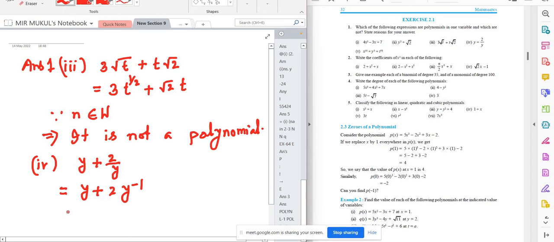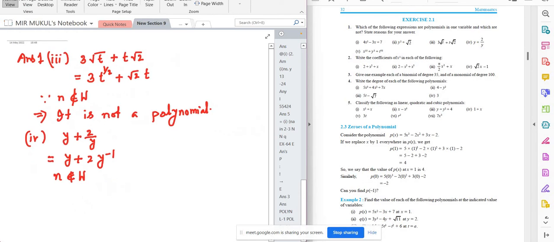So here also the exponent does not belong to, you have to write the belongs-to symbol and then cut it, or here also does not belong to whole numbers. So we can say that it is not a polynomial.